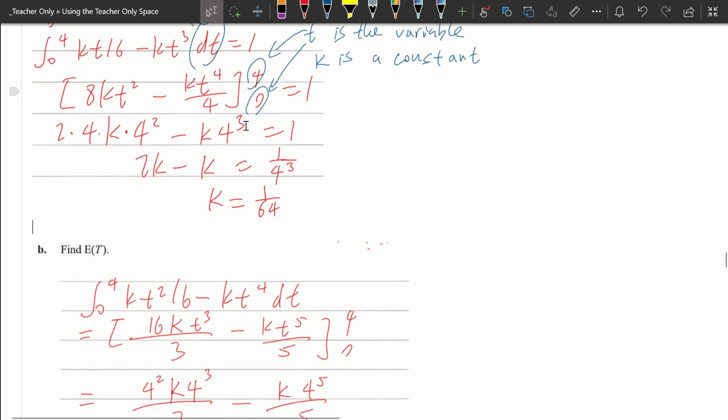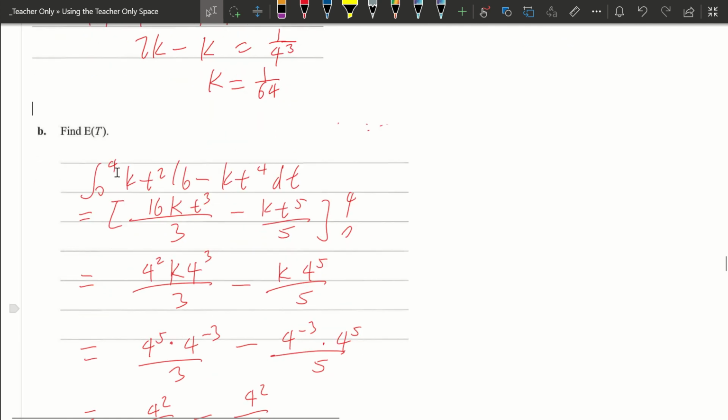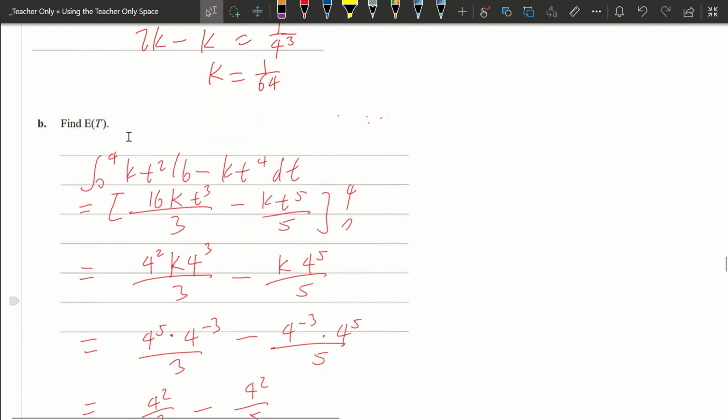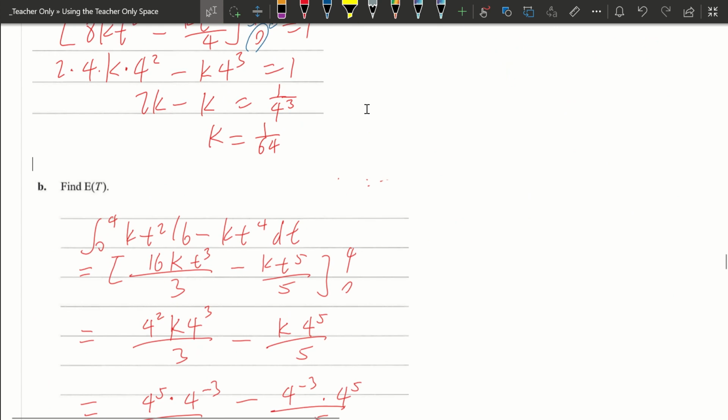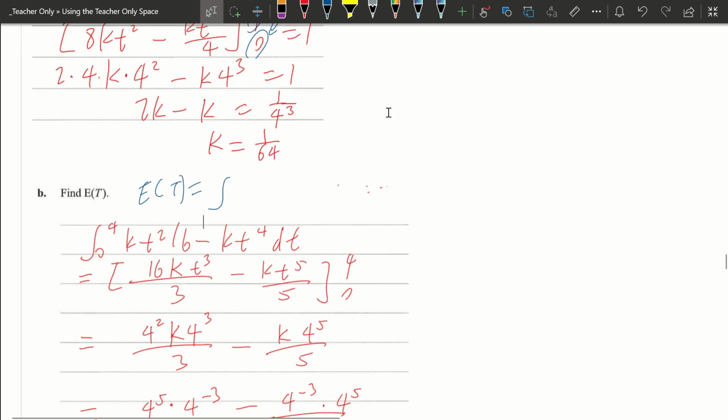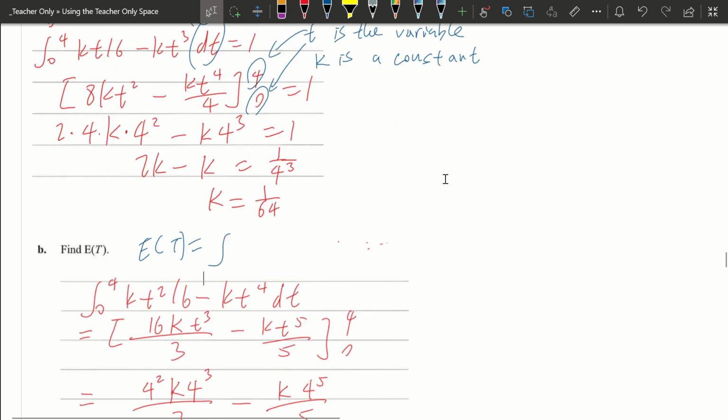So arithmetic can be simplified if you only evaluate powers at the end. And then I'm finding the expected value of t, which is really, I should have written this. T is really the, I'm just going to write the generic one: integral from negative infinity to infinity of t f(t) dt.